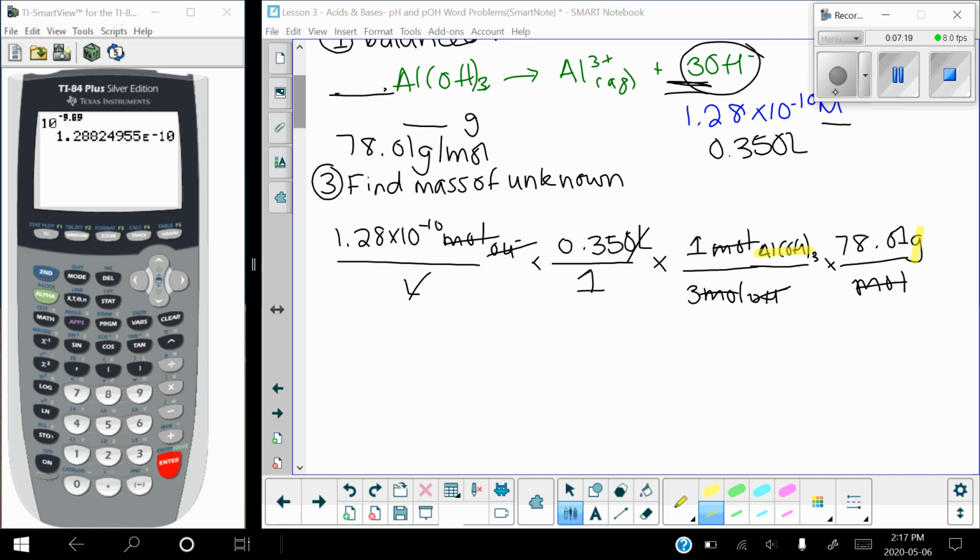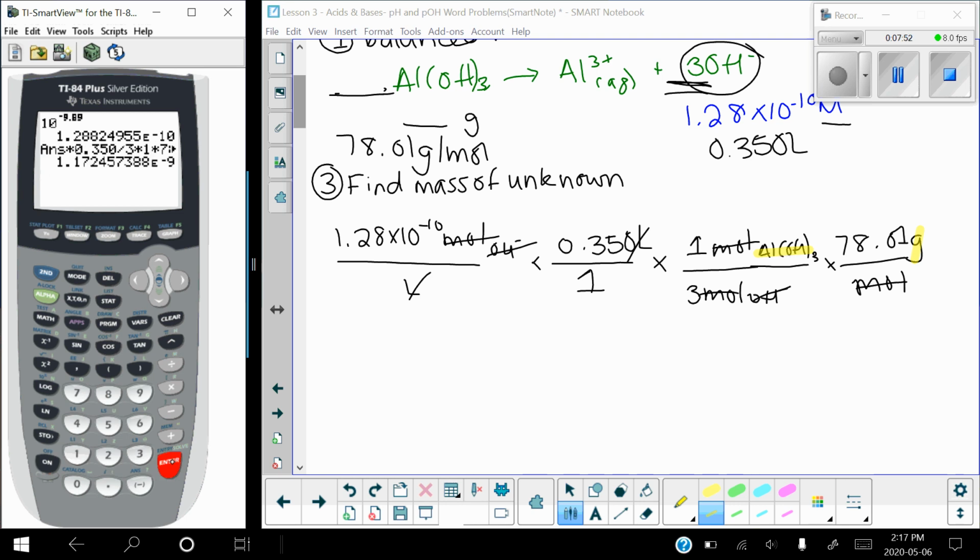Like I said, we're showing it on paper to have 3 significant digits, but in our calculator, we're going to use our full answer. Actually, I'm not going to select. I'm going to press second answer, times 0.350, divided by 3, multiplied by 1, multiplied by 78.01.